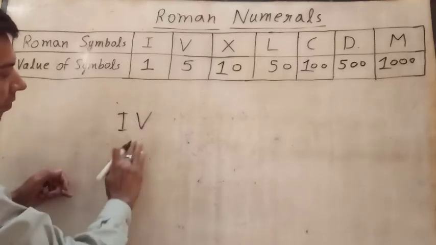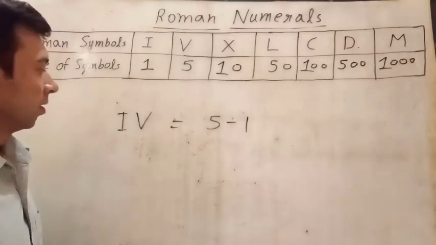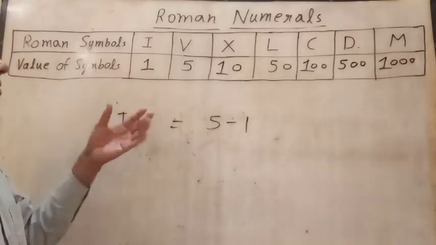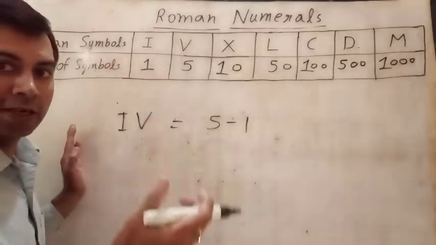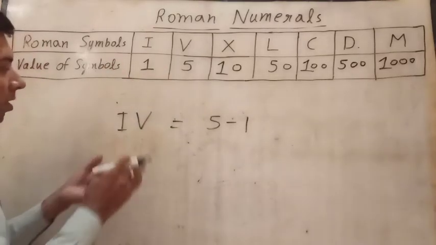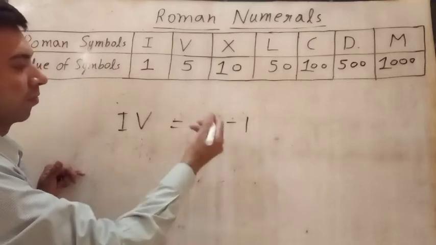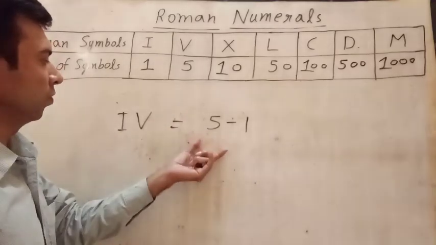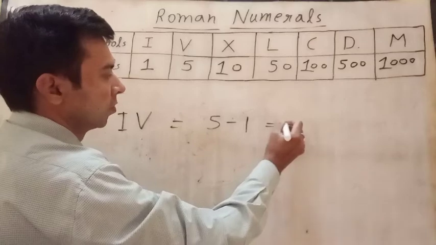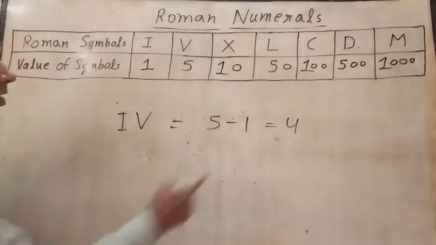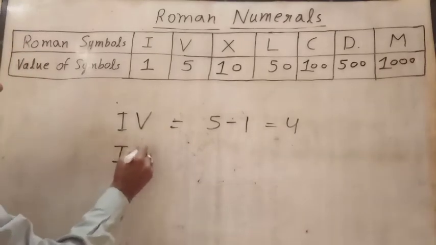So we do 5 minus 1. So what is the value of IV? 4.